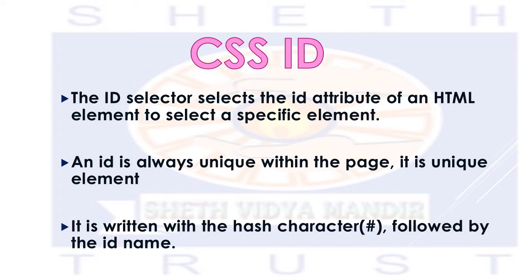That is the main feature of ID, that it is a single one. The last thing is that it is always written with a hash character. You can see that before the ID name, you always have to use a hash.